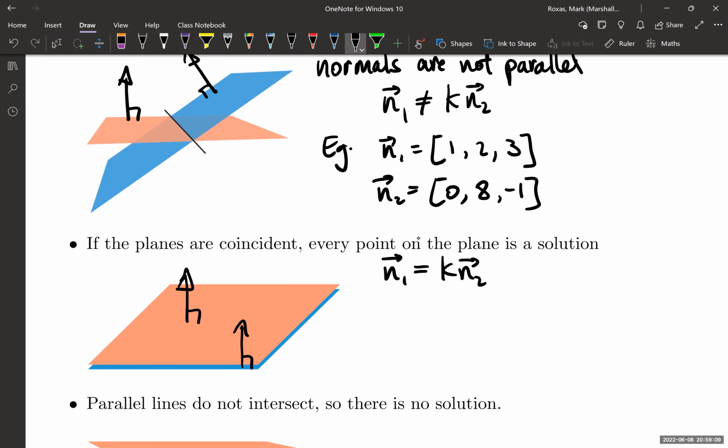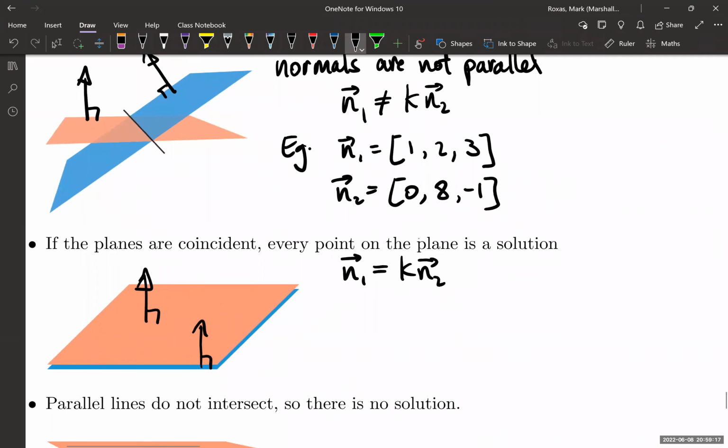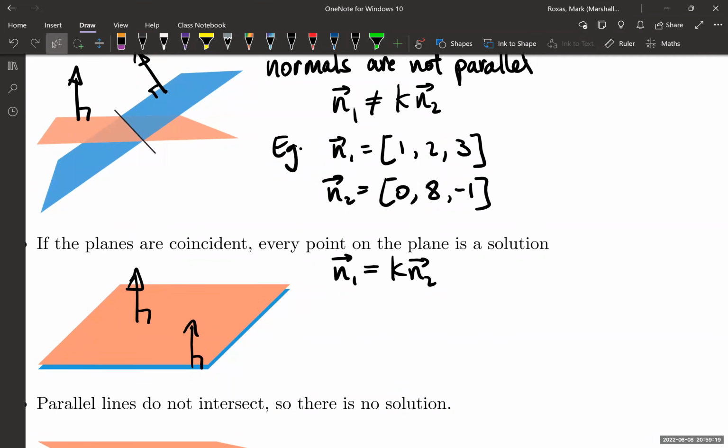Okay. Now, first of all, that proves that the planes are parallel, but what proves that they're coincident? Well, we also have to check if a point on one plane exists as a point on the other plane. That would mean the equation of one plane would end up being a scalar multiple of the equation of the other plane, or they could be the exact same equation, right?